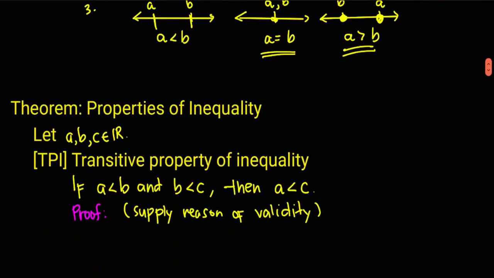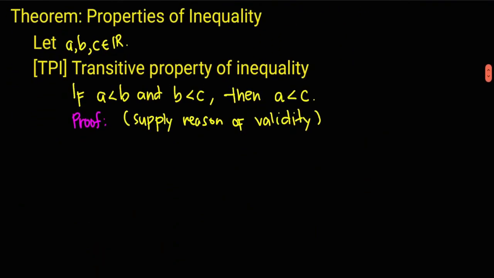Let's now discuss some properties of this inequality. Let A, B, C be real numbers. The first property is the transitive property of inequality, or let's call it TPI. If A is less than B and B is less than C, then A is less than C. So what we want to show is that A is less than C. How do we show that?